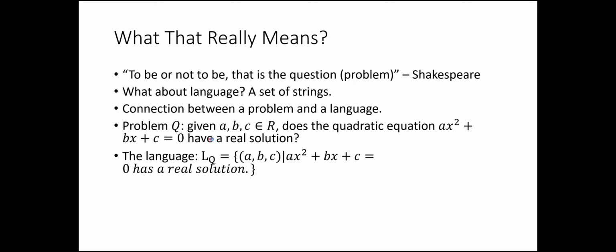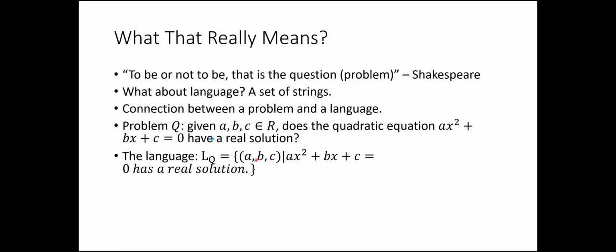And now the corresponding language to that problem Q is something like this. I use LQ as the language corresponding to this problem. Okay, and this language is a set of strings, and this string, I actually decompose into three components: A, B, and C. You can concatenate, combine them together into a string.